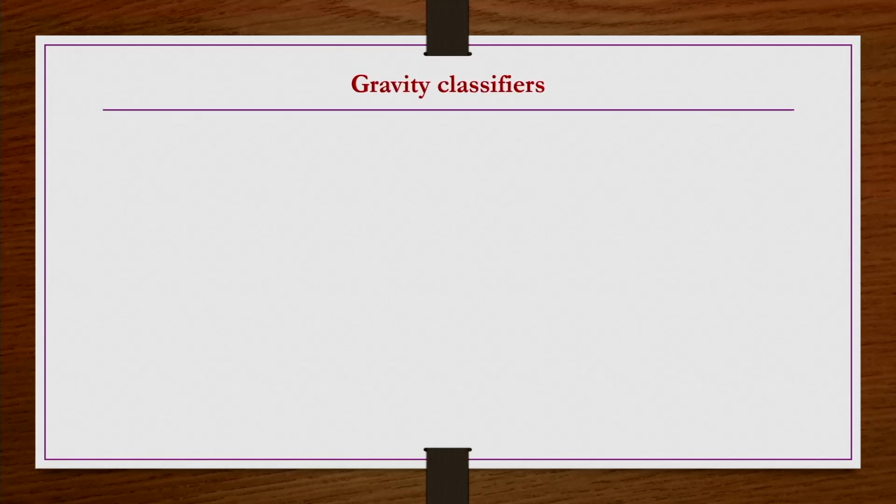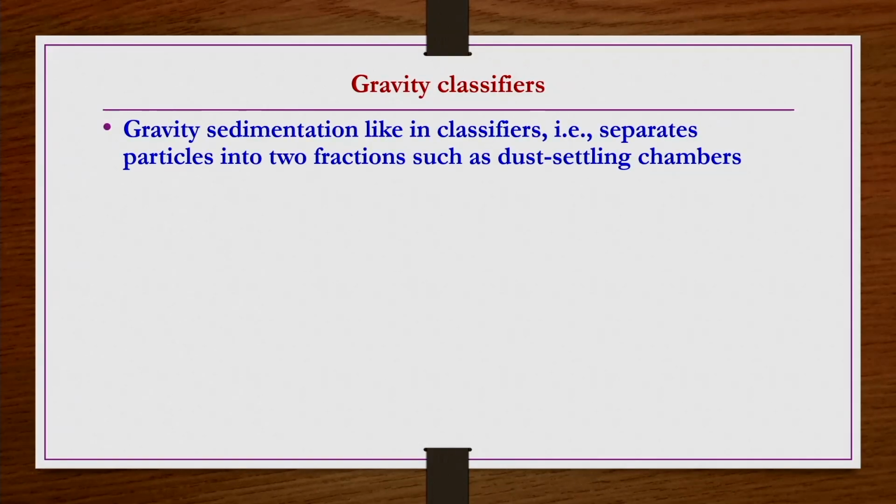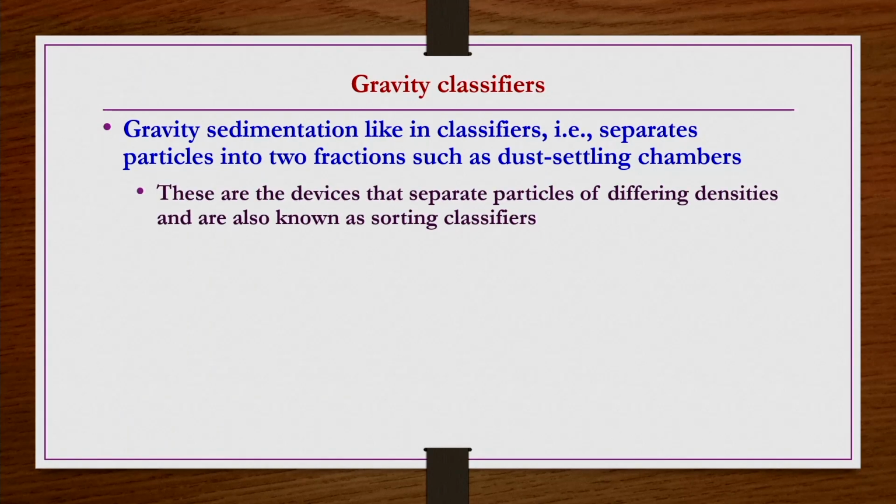So, let us start with the gravity classifiers. Gravity sedimentation classifiers, which separate the particles into two fractions, such as dust settling chambers, are known as gravity classifiers. These are devices that separate particles of differing densities and are also known as sorting classifiers.